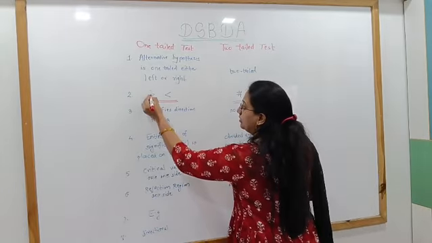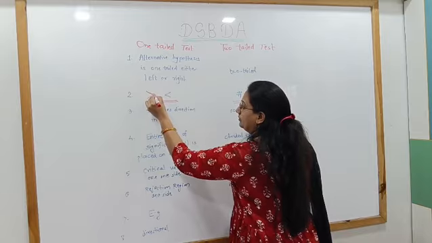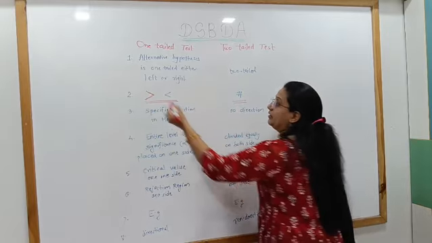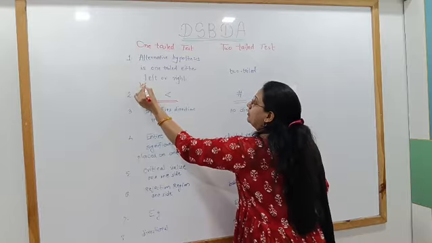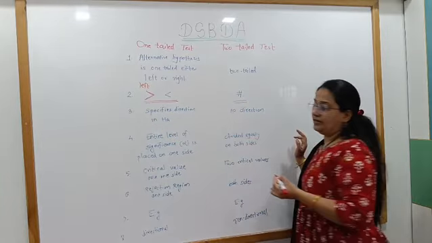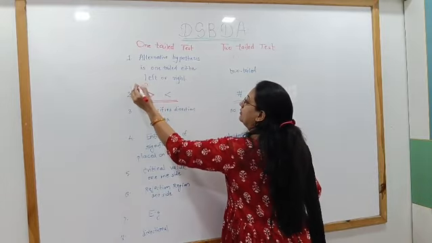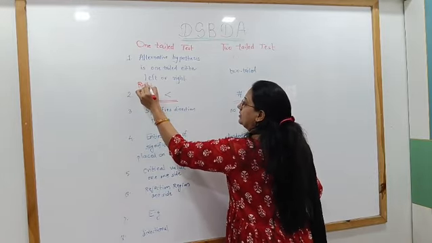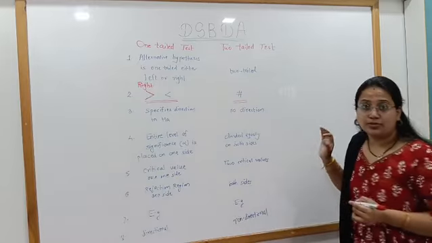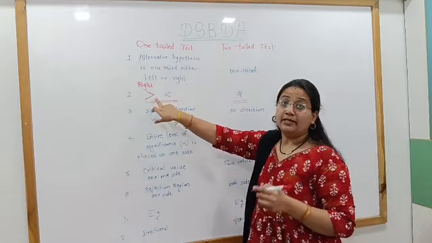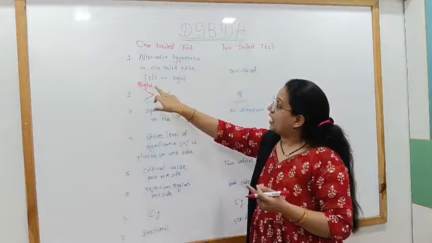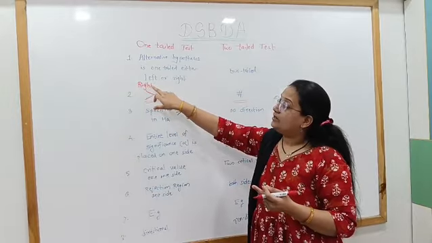Greater than is nothing but the right tail test. Sorry, I first said left, but greater than is the right tail test. When I use the greater than symbol in the alternative hypothesis, I use a right tail test.